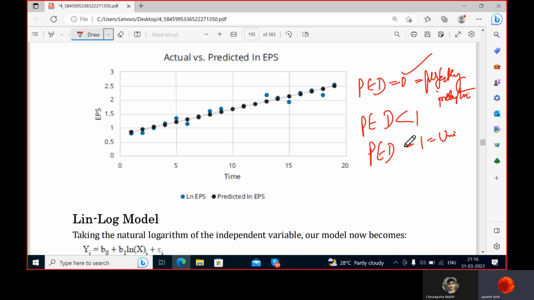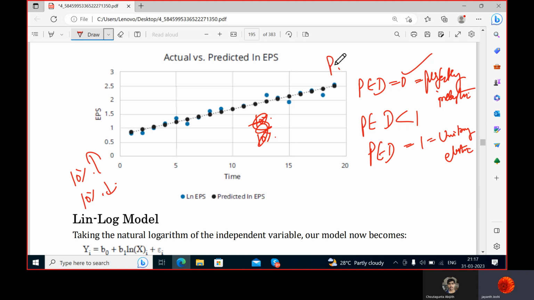That means the change in price is equal to the change in demand. If the price increases by 10%, demand will also decrease by 10%. That's what we can say.